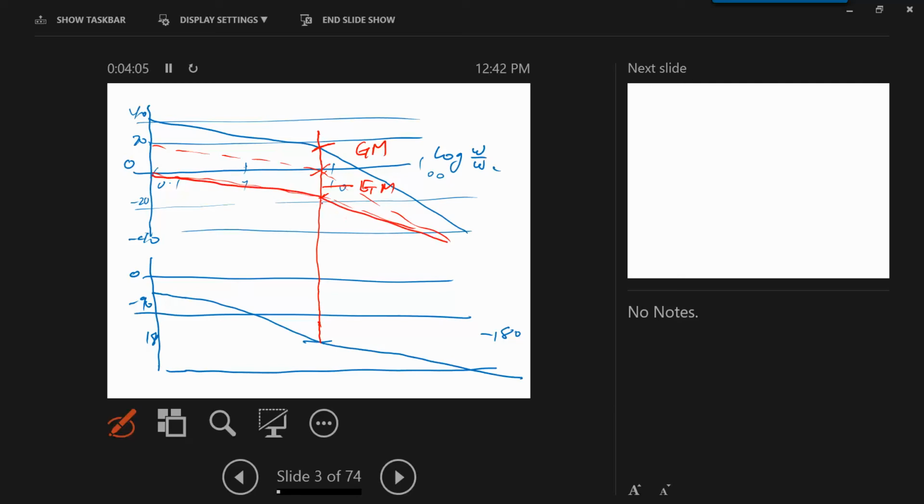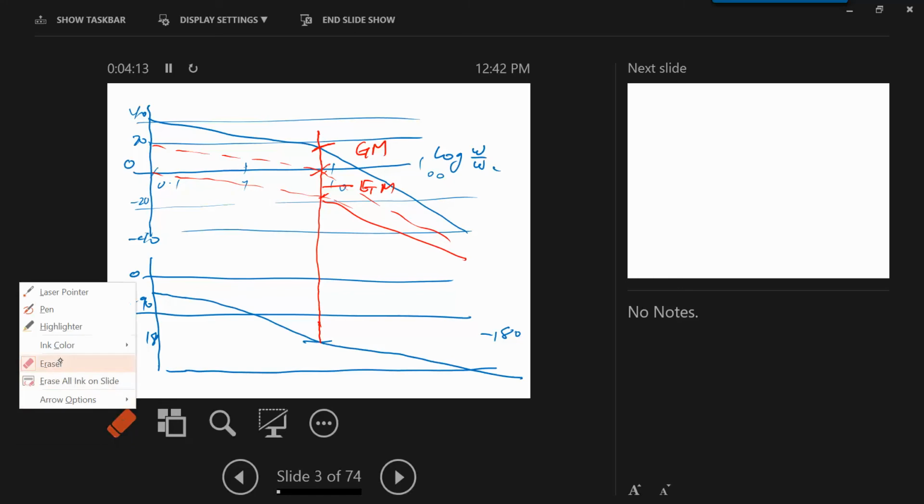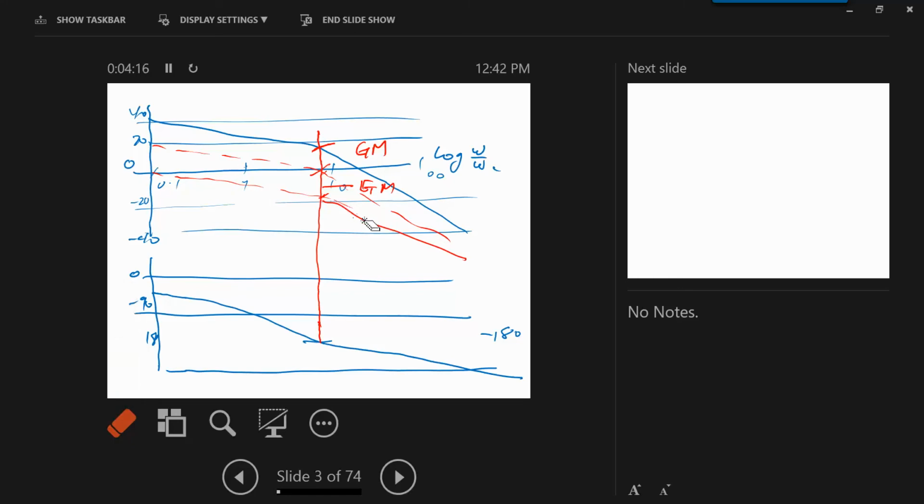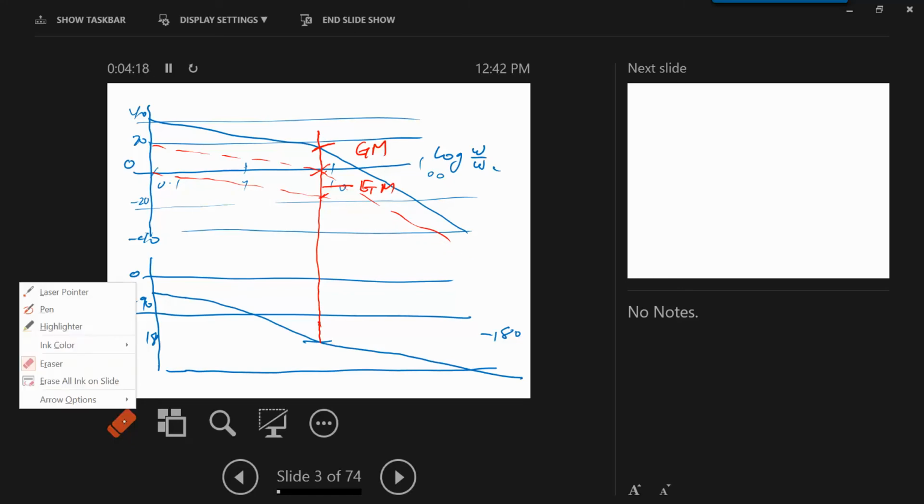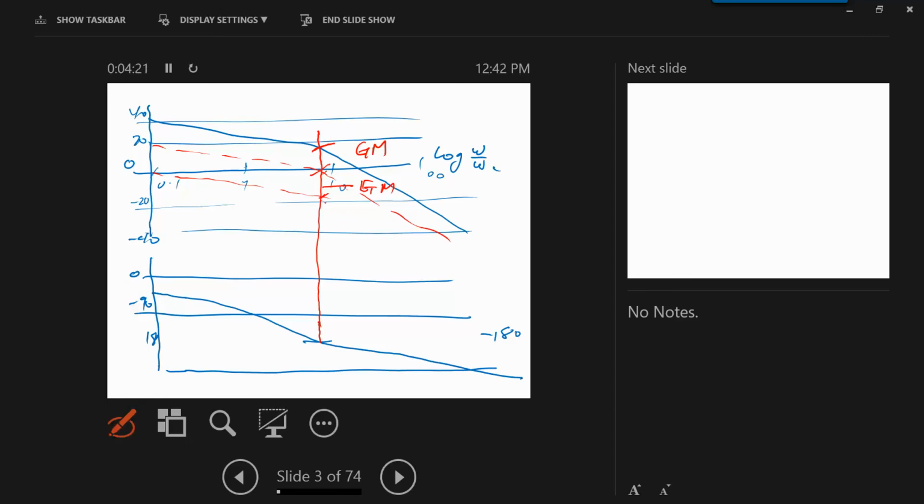This system is unstable, therefore this is what I should have in order for the system to be stable. To enjoy a good gain margin, this is what I should have. So this system definitely has a negative gain margin the way it is.